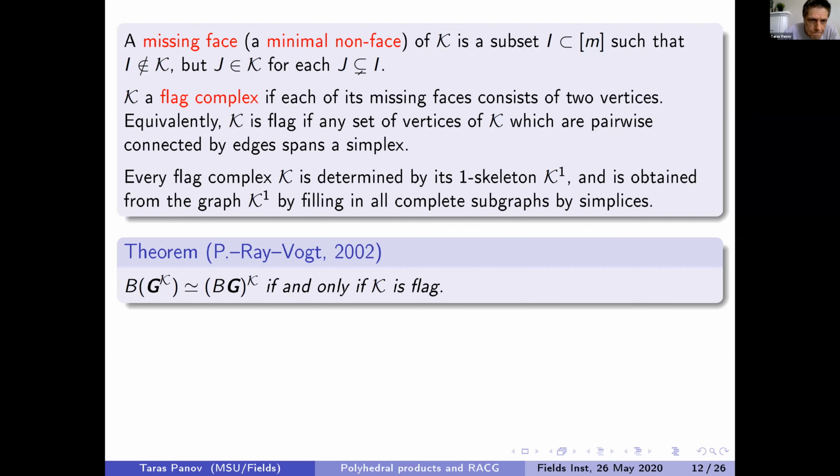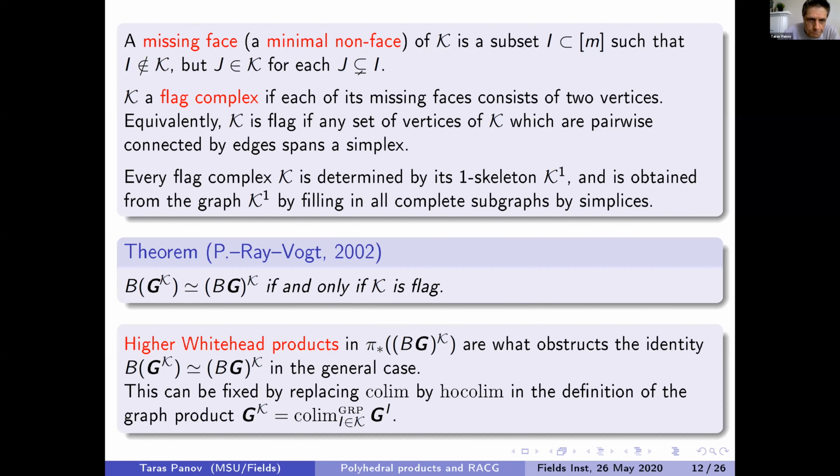And you need to prove that for flag complexes, and you need to see why it fails when K is not flag. To see why it fails when K is not flag, it's convenient to look at what are called higher Whitehead products. Basically, that was something which exists in homotopy theory of spaces and does not exist in groups. Like in groups, whenever you have elements which pairwise commute, then they commute in total.